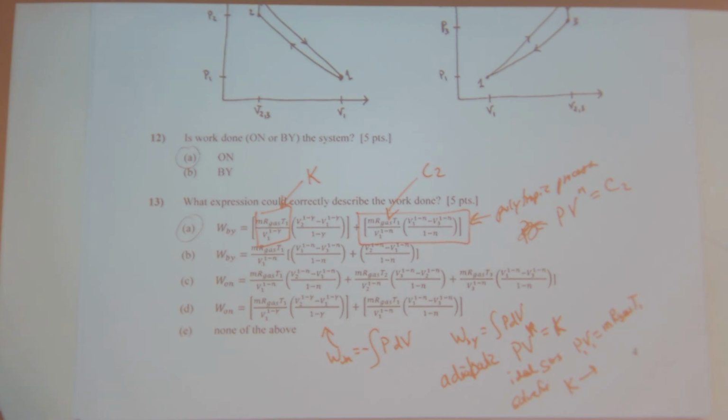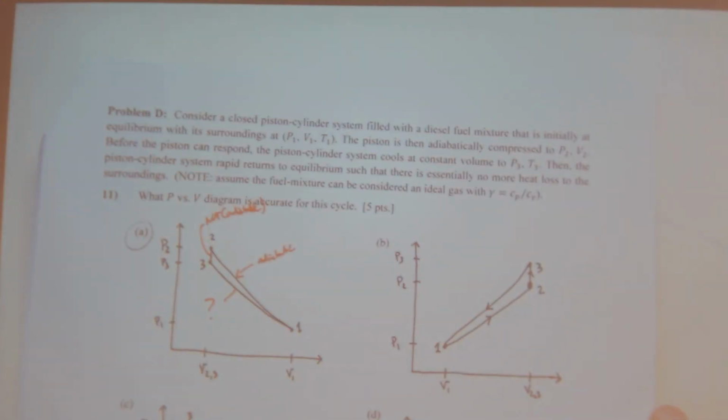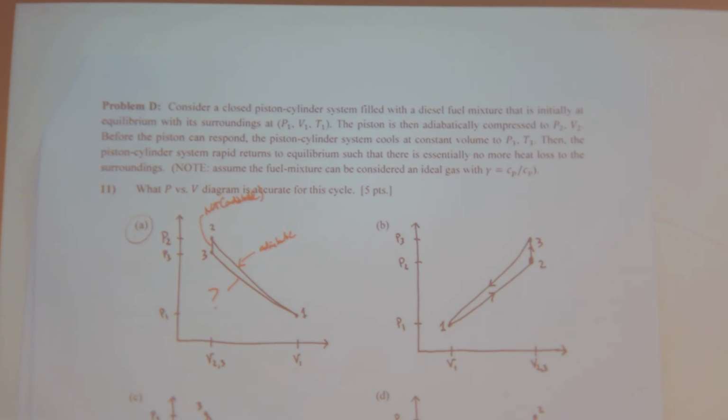Yes? Can you go back to the problem? In the last sentence, it said that it returns to equilibrium such that there is essentially no more heat loss. What's the difference between that and adiabatic, if there's no heat loss? There is heat loss. It's essentially very small, is all that it's saying.